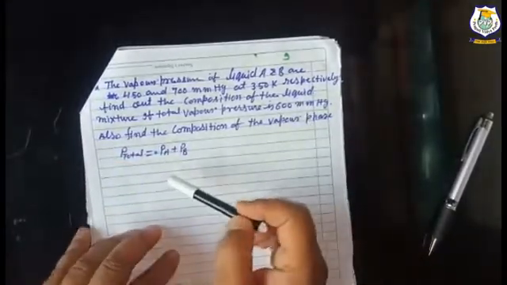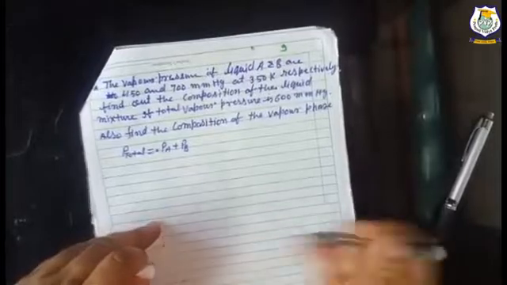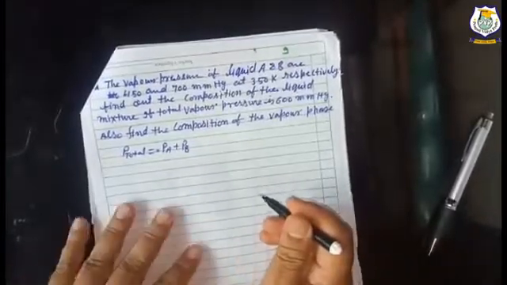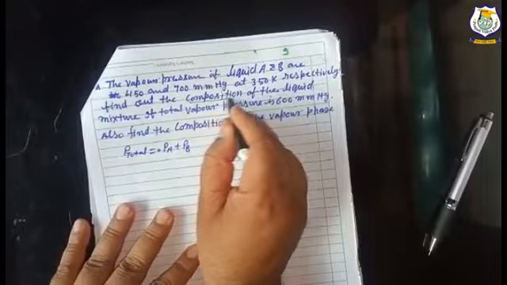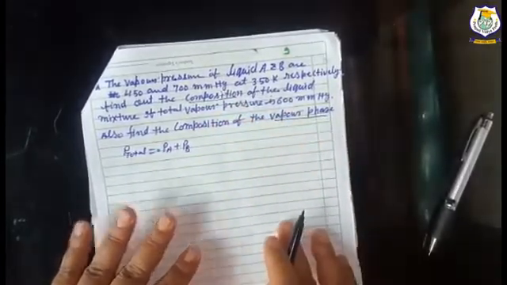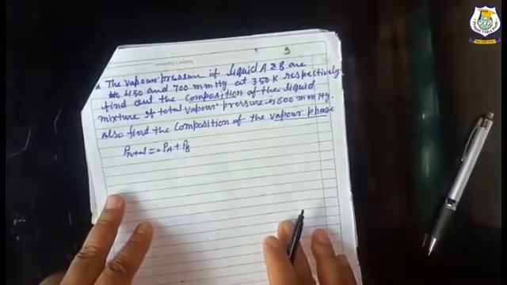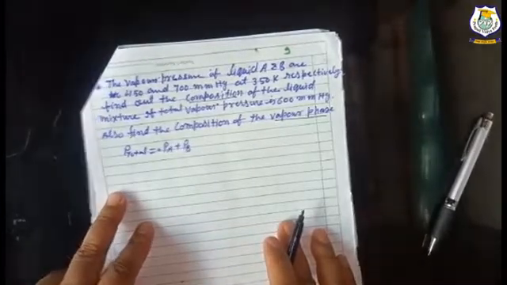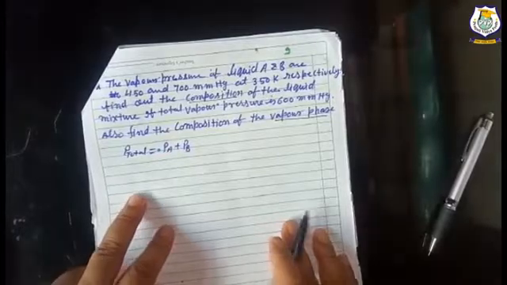In this numerical, the meaning of composition is mole fraction. That means we find the mole fraction in both the liquid and vapor phases.